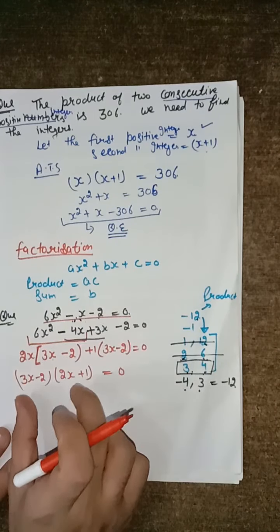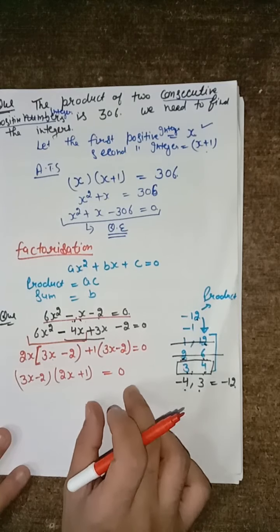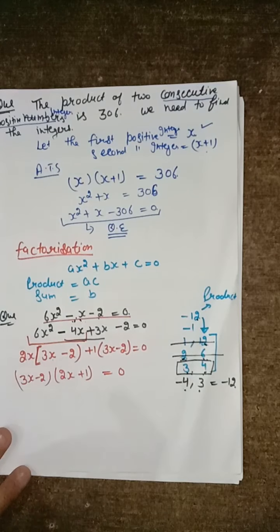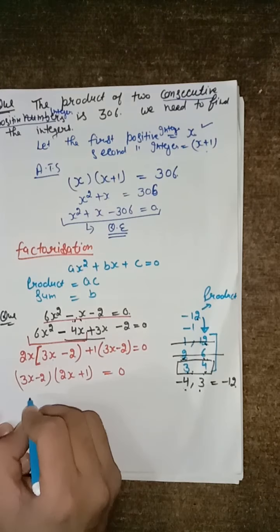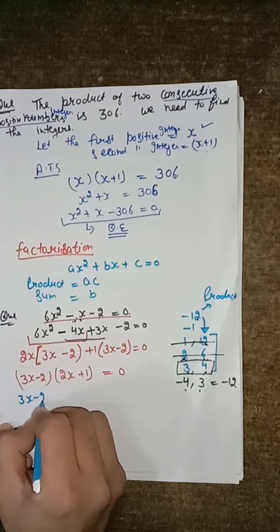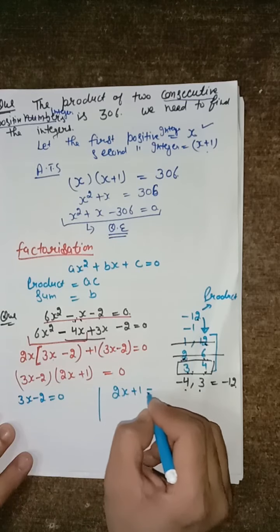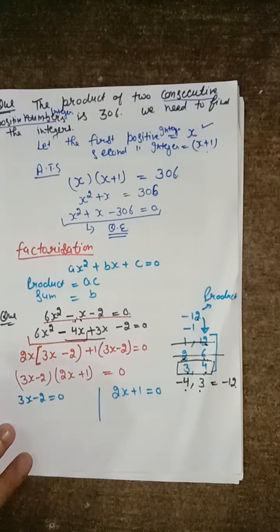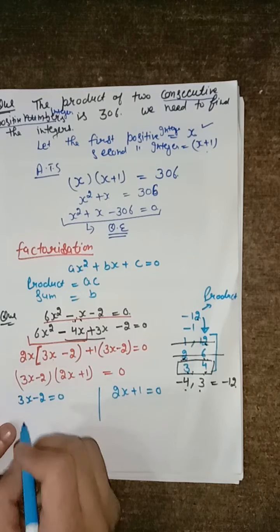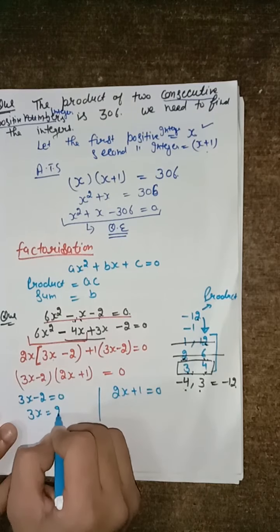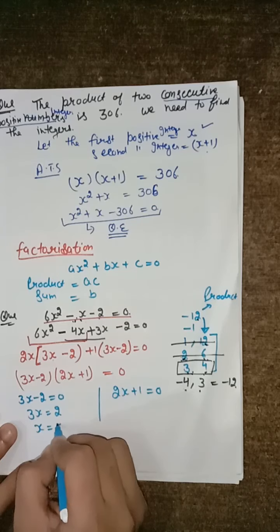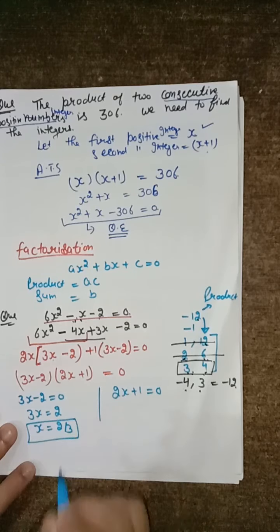Now if the product of two numbers is 0, it means one of them should be equal to 0, means either 3x minus 2 equals 0 or 2x plus 1 equals 0. If my 3x minus 2 equals 0, then 3x equals 2 and x will be equal to 2 by 3.